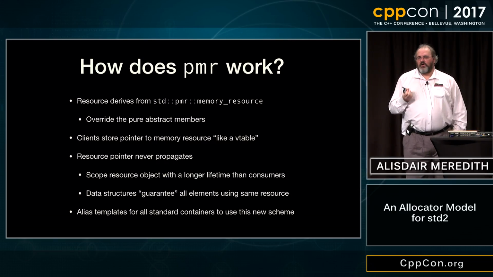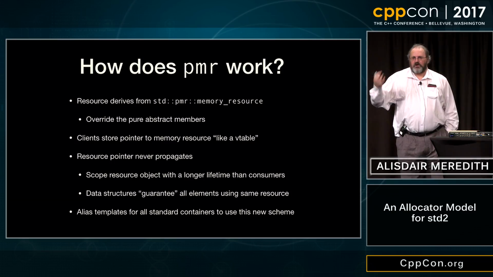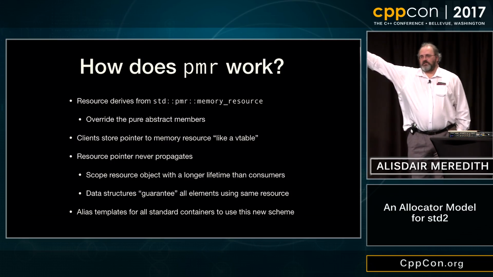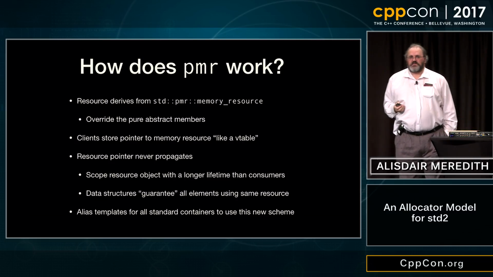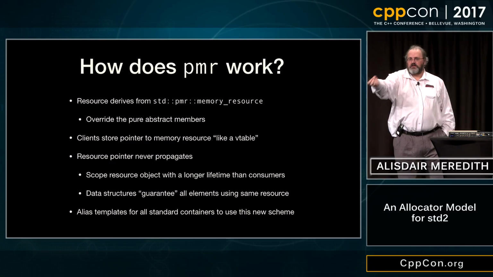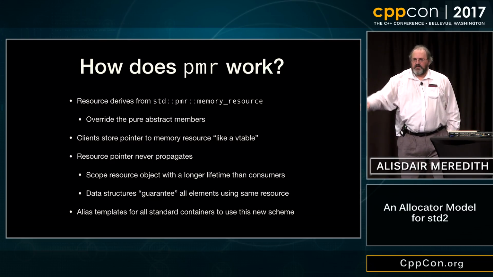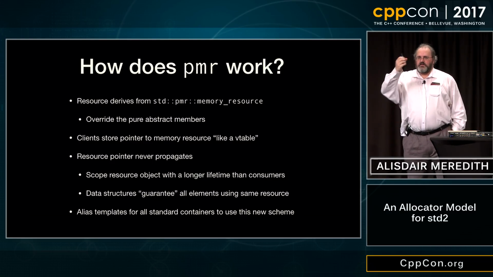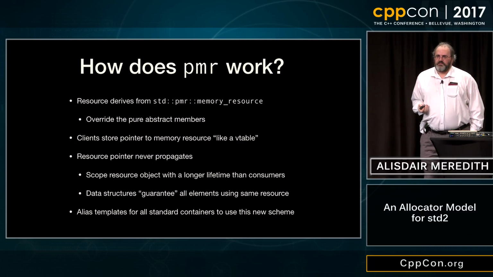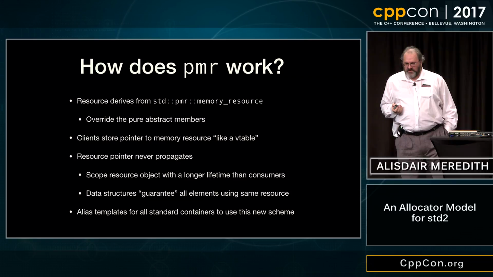Clients are going to store pointers to that base class, and we're going to use them with traditional vtable style C++ programming. We've got a pointer to this thing that is the service that's providing me memory. And now clients can plug in their implementation of that interface. At different times, I can plug in different allocators without changing the type of the object I'm dealing with. I'm just picking the strategy at runtime now.